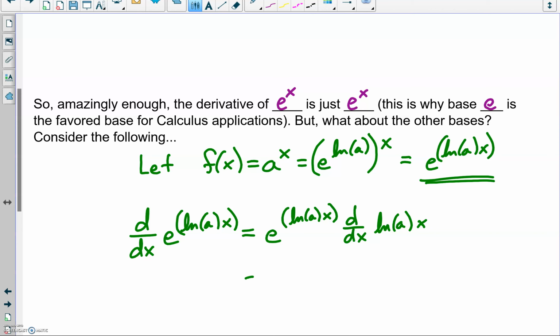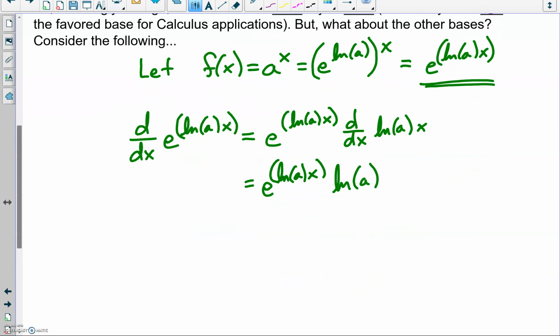And coming down to the next line here, the e to the natural log of a times x with all that in the power there, and then the derivative of natural log of a times x. Natural log of a is a constant relative to the x variable. So the derivative of x is just 1, and that natural log of a just kind of carries along. So you've got this.